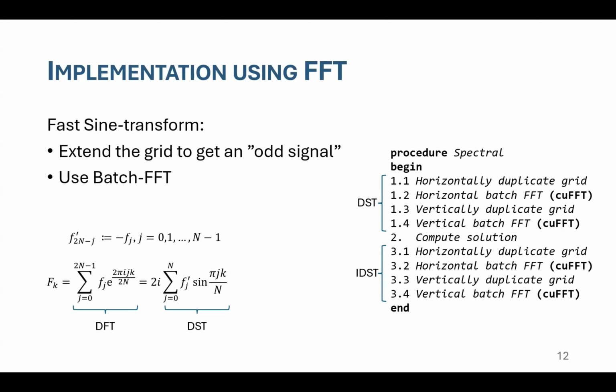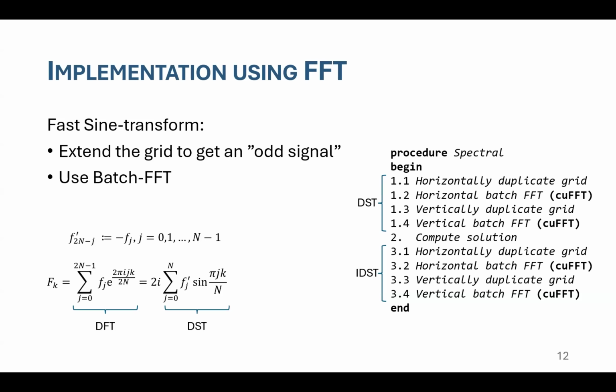the fast Fourier transform algorithm because, well, again, the mathematics is a bit irrelevant now, but if we extend our functions, grid, we essentially copy the grid in the horizontal axis and flip it, i.e. multiply it by -1.